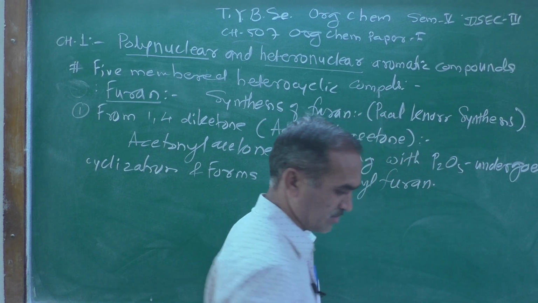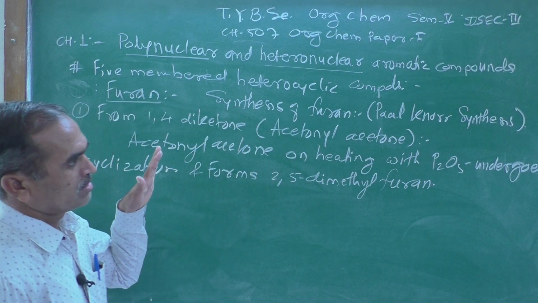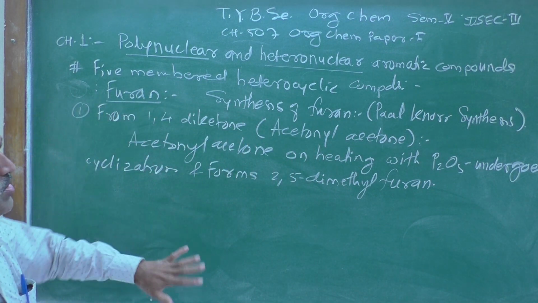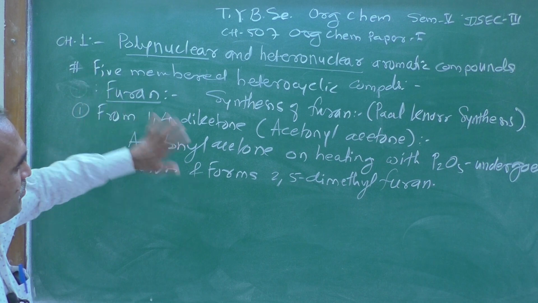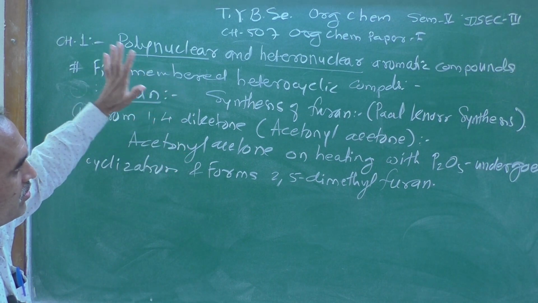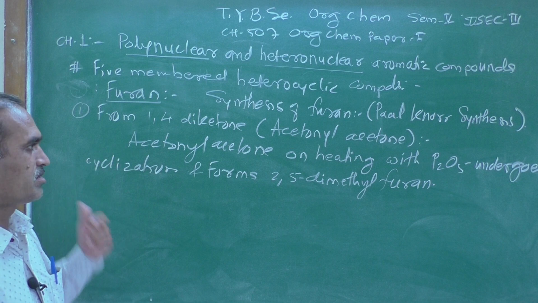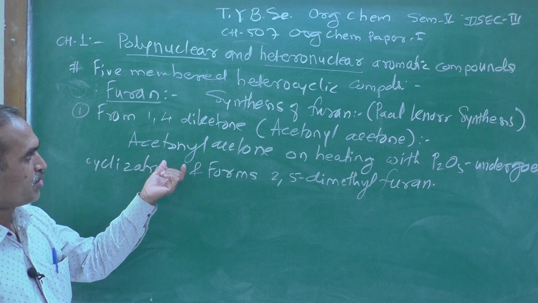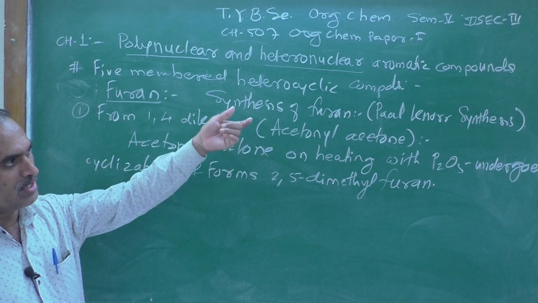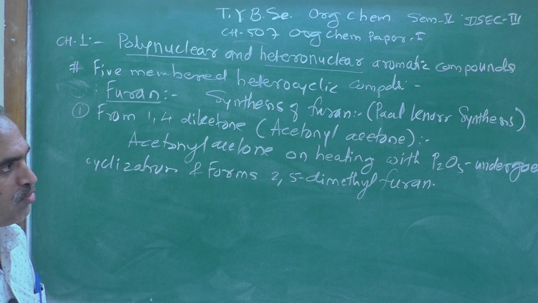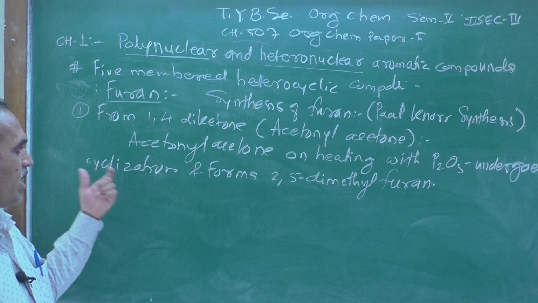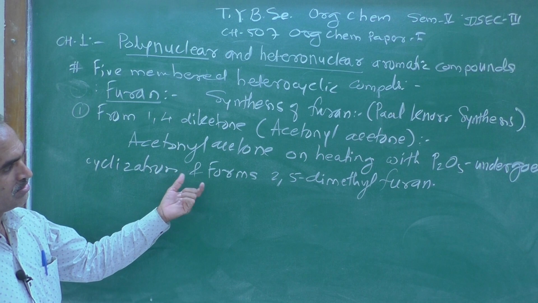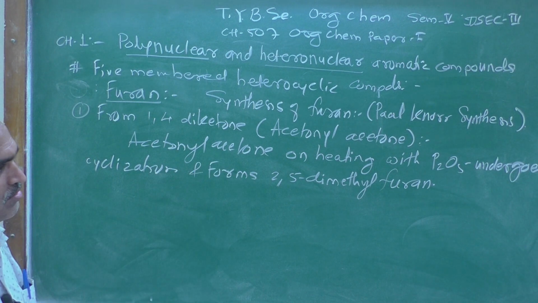This is the simplest, one-sentence procedure for the preparation or synthesis of furan. Acetonyl acetone on heating with P2O5 undergoes cyclization and forms 2,5-dimethyl furan.